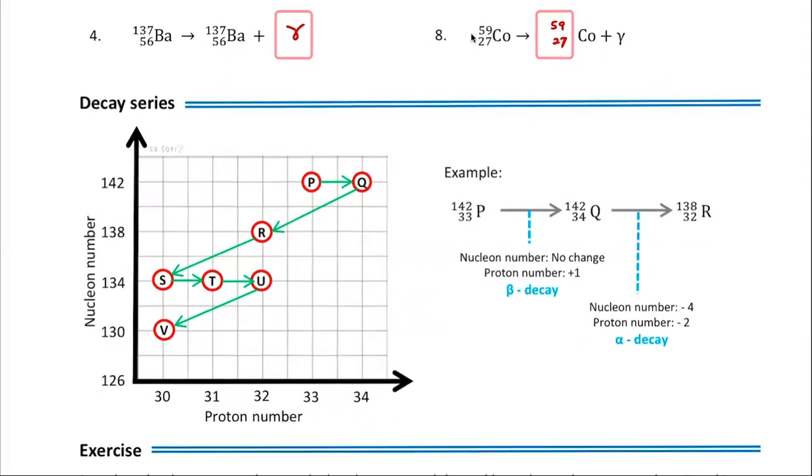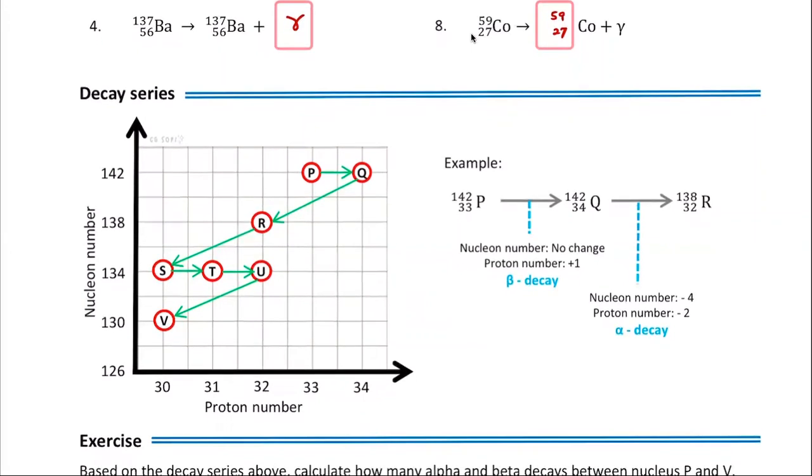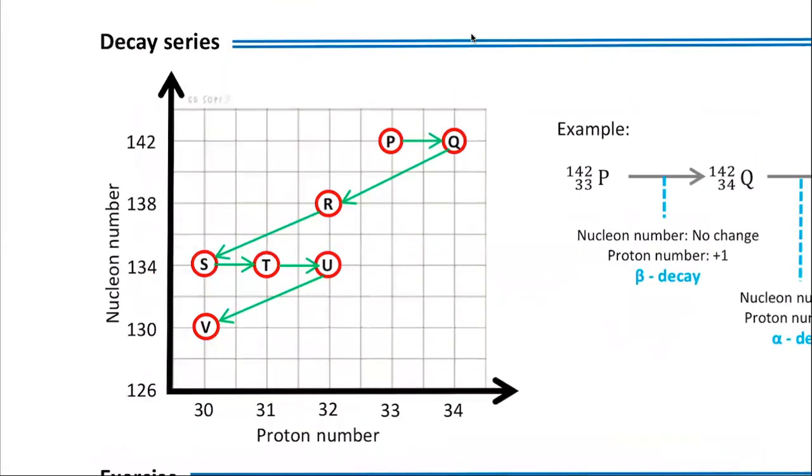So let's look at P. This graph is nuclear number versus proton number. Nuclear number is A and proton number is Z. So to write that element, X is the unknown element, A is the nuclear number and Z is the proton number.